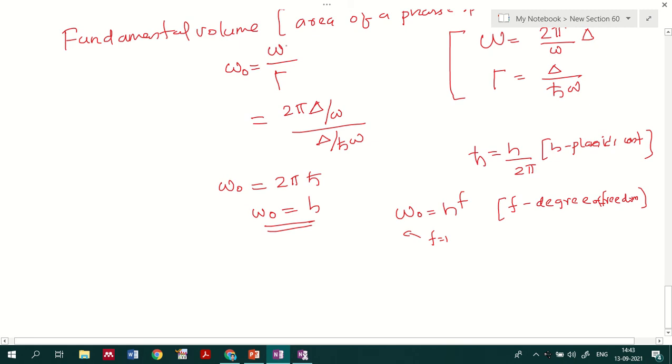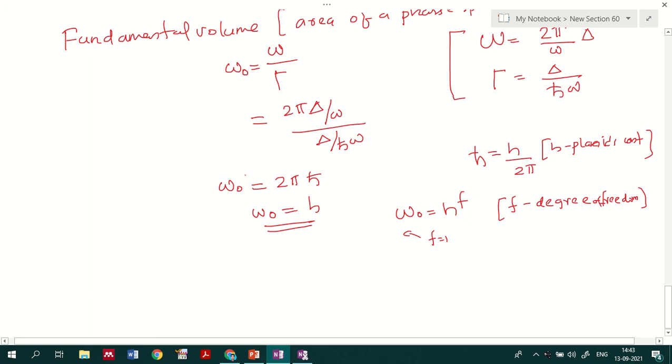Once you identify those two things, you can also identify the fundamental volume by substituting omega, the total volume. Here we consider the volume as an area, because we are considering a two-dimensional case for the elliptical case. So area by number of microstates. Omega 0 also is not representing a volume, it is basically a phase space area for that one single eigenstate.